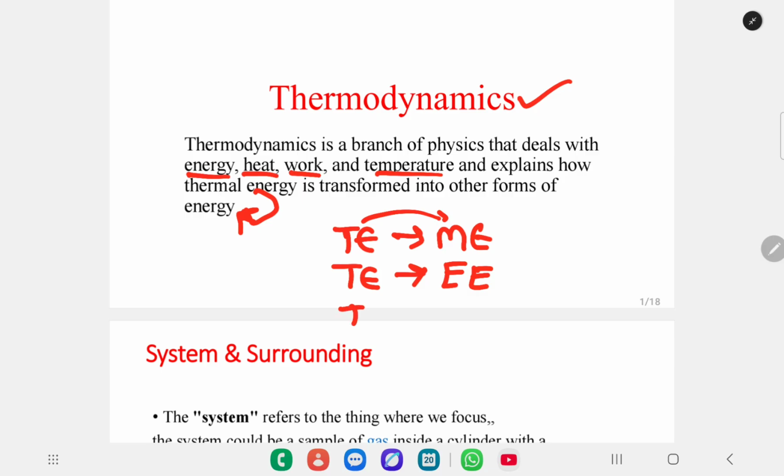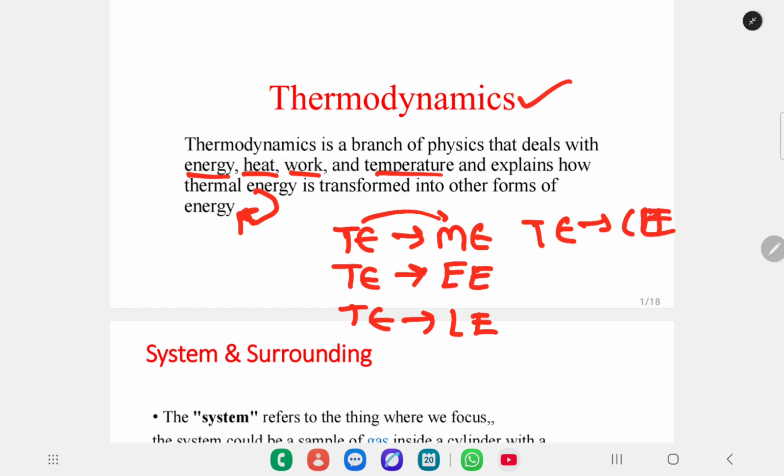Next, thermal energy can be converted to light energy also. We can see a hot filament in an electric bulb glows and produces light. That is light energy. Next, thermal energy can be converted to chemical energy also, in industries.